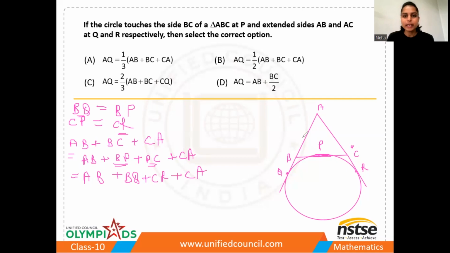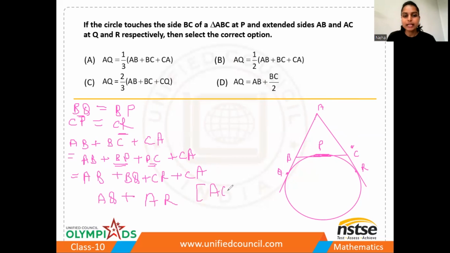Now this is AB plus BQ. AB plus BQ is what? This is the complete AQ. Plus CA plus CR, this is the complete AR. And as we know, AR is equal to AQ, because these are also tangents to the circle. AQ is a tangent and AR is a tangent, so these two are also equal.